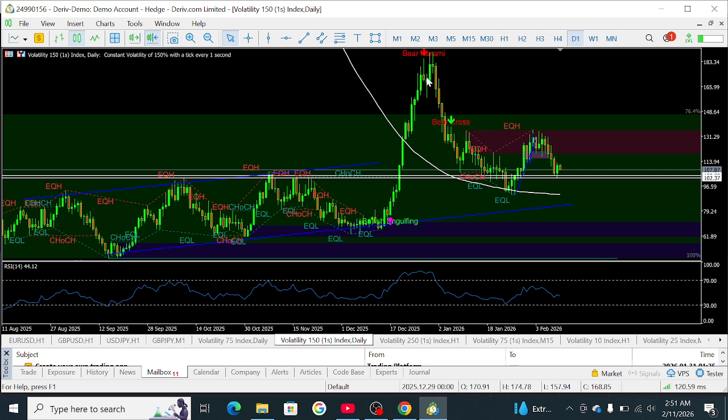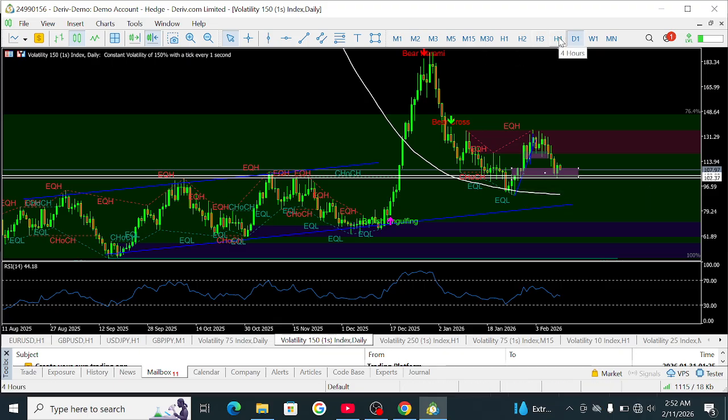We have a higher high, higher low. Then we have a higher high, lower low, lower high, lower low, lower high, and then there is this pullback into this other block on the daily time frame.